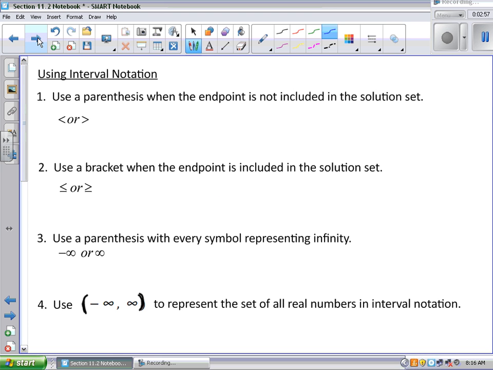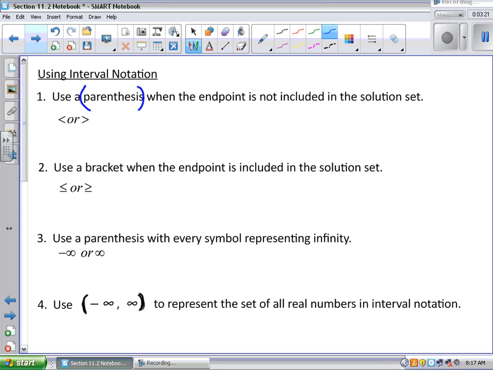We're going to use interval notation to represent our solution sets. When we're using interval notation, we will use parentheses and brackets. We'll use parentheses when the endpoint is not included in the solution set, for example, when we have a less than or a greater than as our inequality symbol.